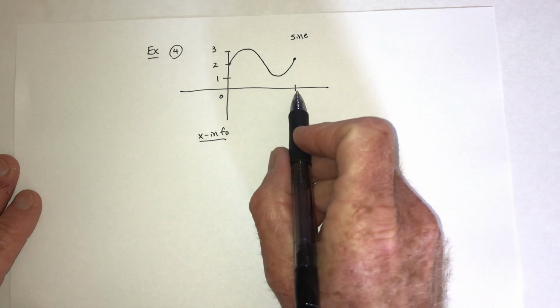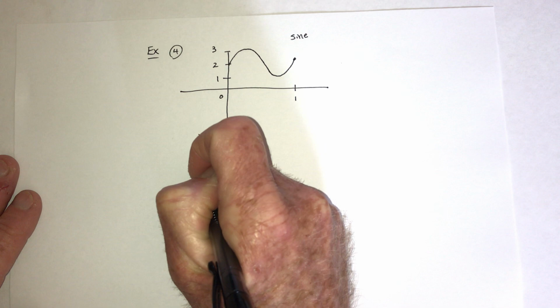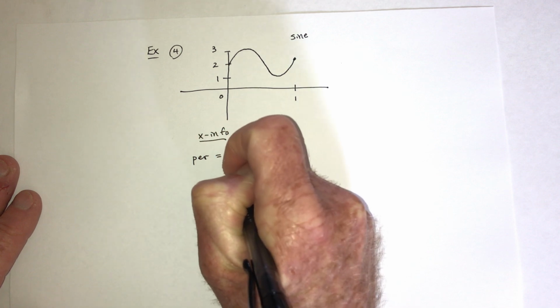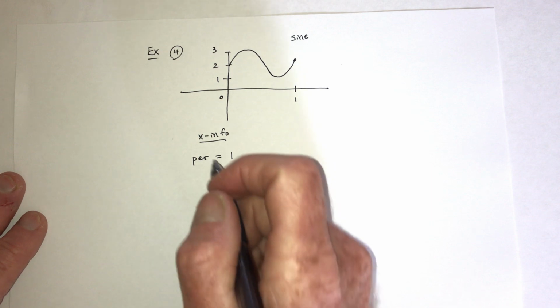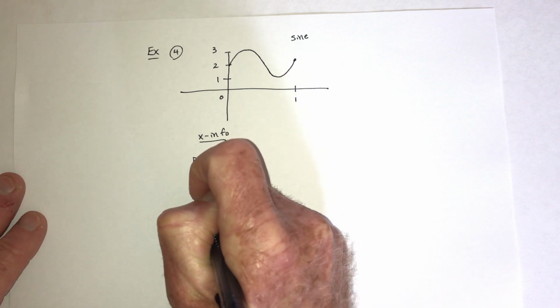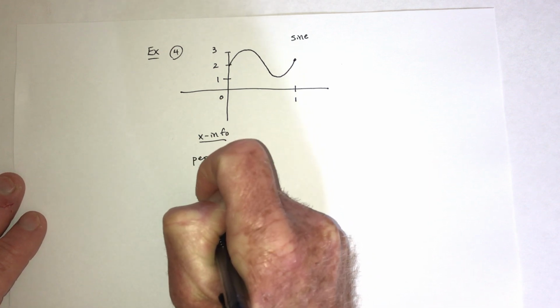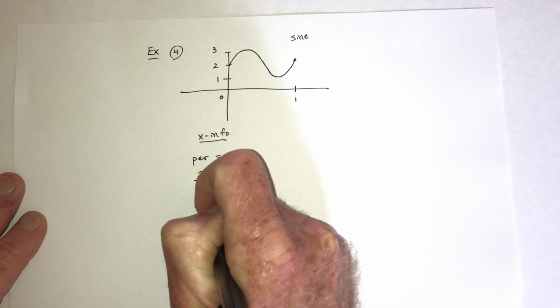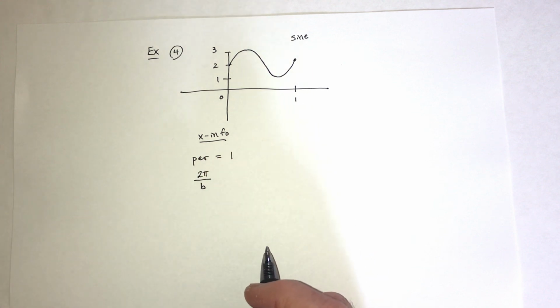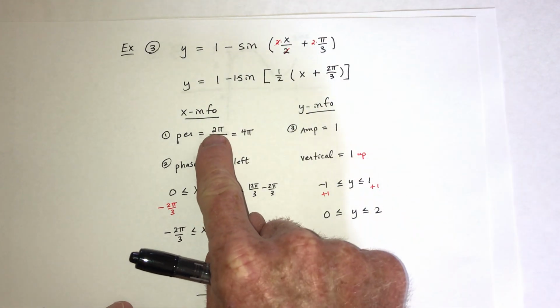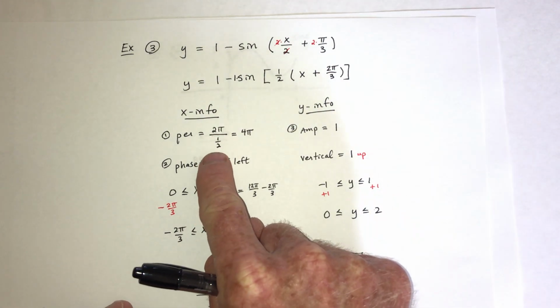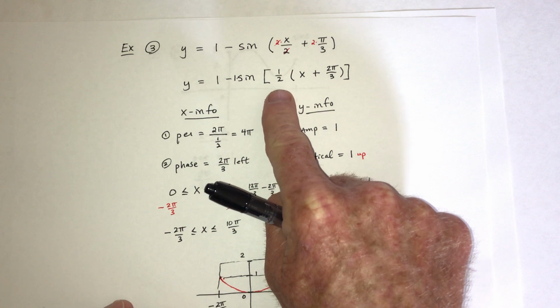The period goes from 0 to 1, so the period is equal to 1. Now, we also have the formula that in order to find period, you go 2 pi divided by the number that's in front of x. Just like we did right here. 2 pi divided by the half.